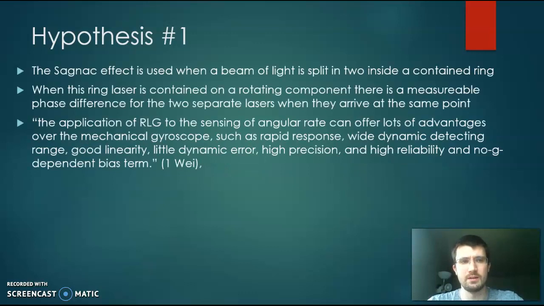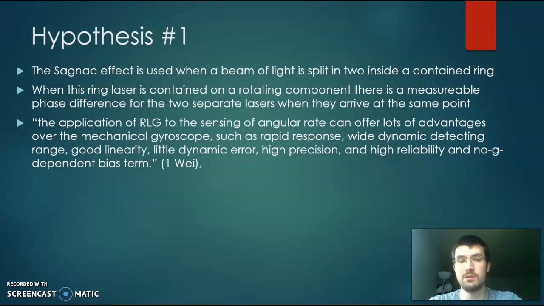The Sagnac effect is a scientific principle: when you split a beam into 2 around a container ring, and then that ring is rotated at a particular speed, there is a phase difference in the 2 lasers when they join back together.